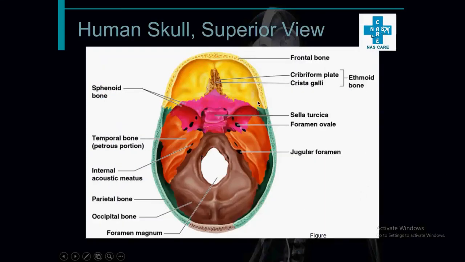And this is the superior view: frontal bone, cribriform plate and crista galli, both of them in the ethmoid bone, sella turcica, foramen ovale, jugular foramen, foramen magnum, occipital bone, parietal bone, internal acoustic meatus, temporal bone, and sphenoid bone.